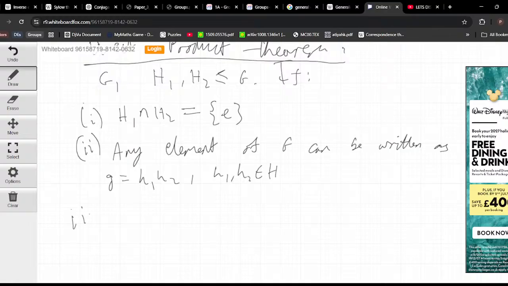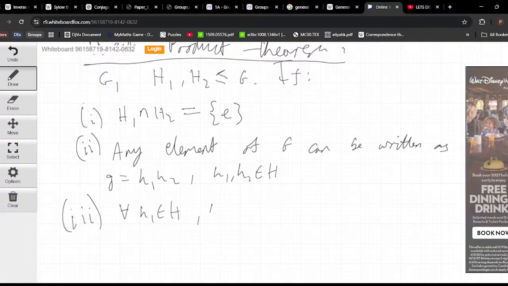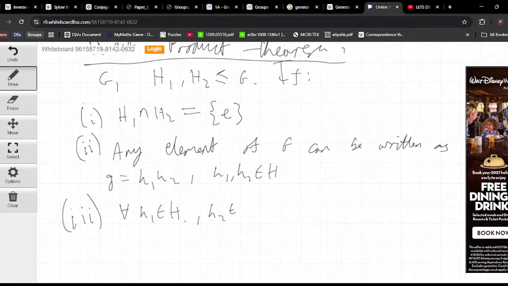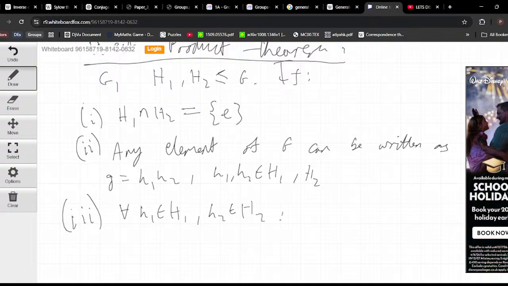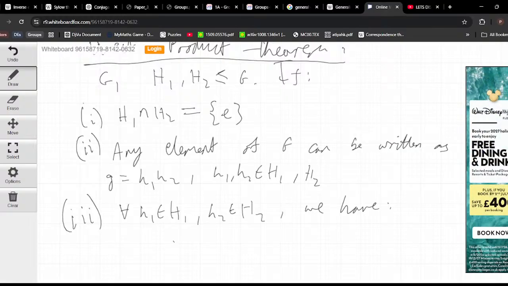And thirdly, for all h1 in H1 and h2 in H2, we have that they commute. So among themselves, they commute.